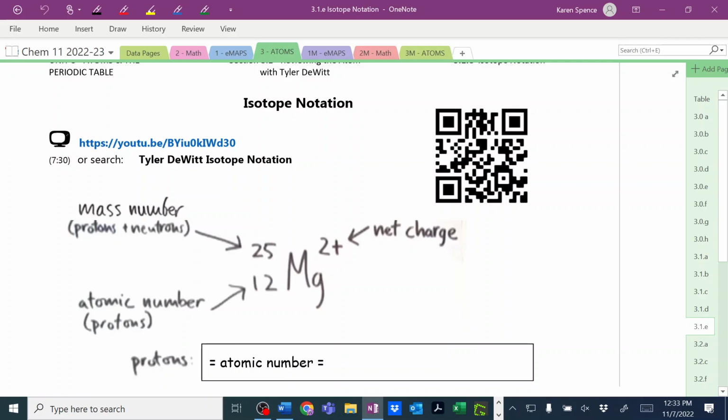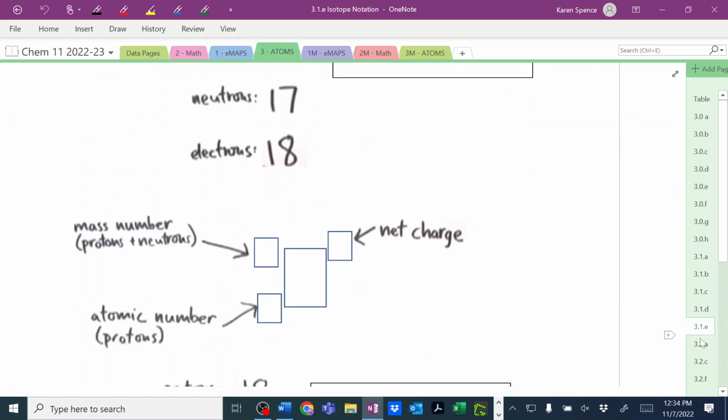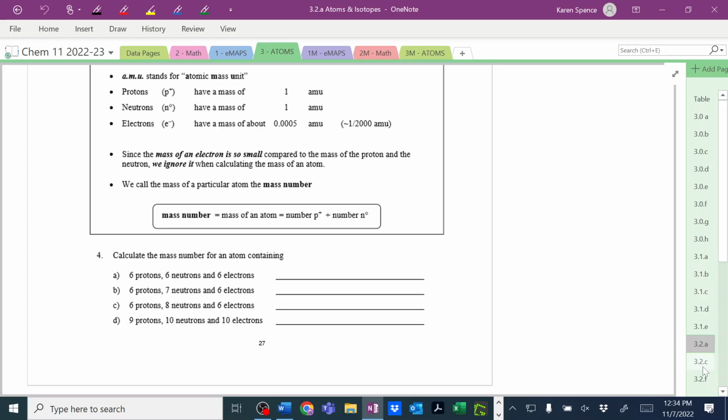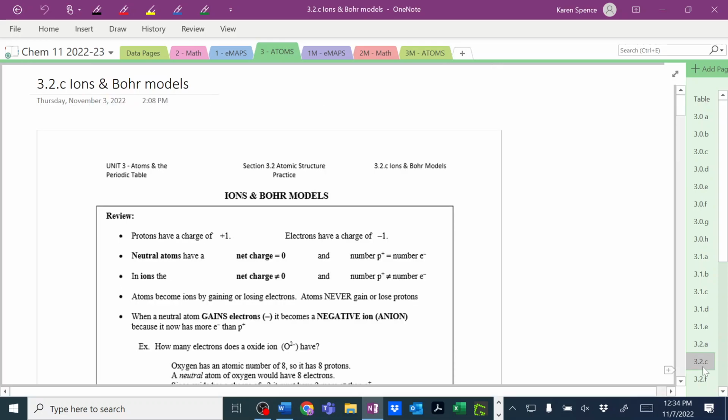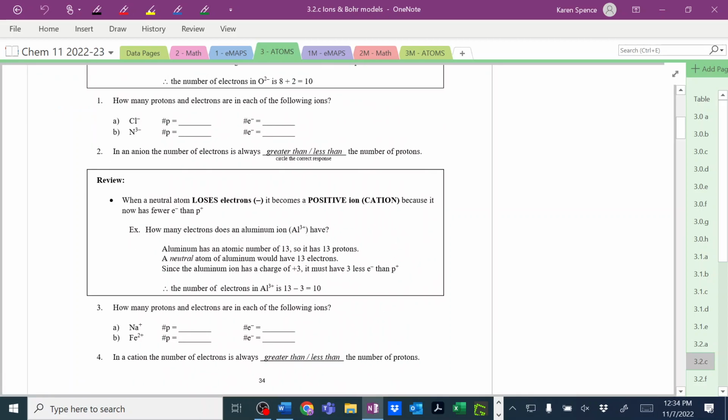Now, I cannot remember. Did you guys watch the show the weekend? I can't remember what I assigned you. Yeah? Yeah. Okay, good. So, and let's see. We did that. We were doing ions and Bohr models. Oh, let's go here.